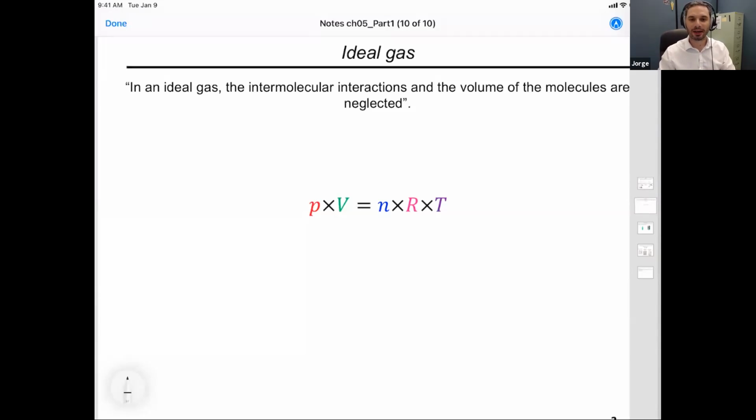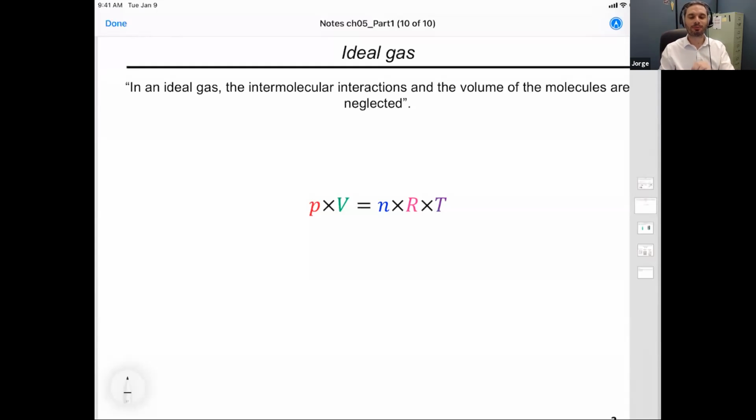What are the characteristics of the ideal gas? First, the intermolecular interactions are neglected, okay? So we are going to consider that each molecule does not see each other. The second characteristic is that the volume of the molecules is also neglected, okay?